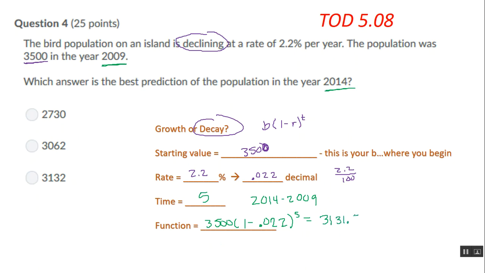It was originally this, but I'm just going to round up. And that's going to be 3,132. So the bird population has declined, and now it's at 3,132.